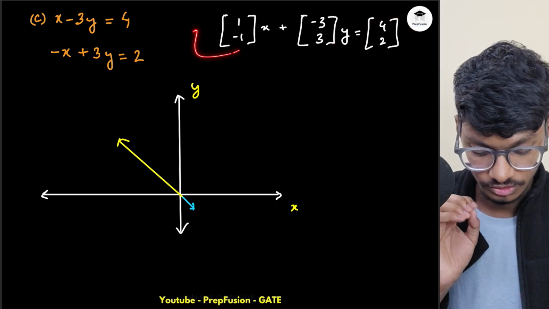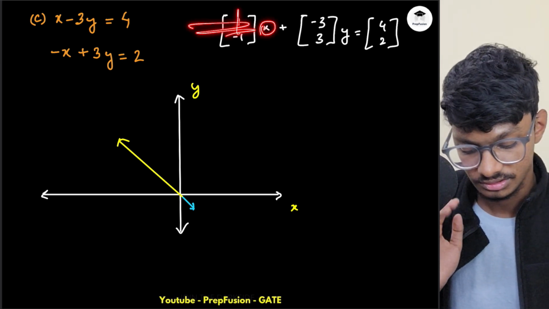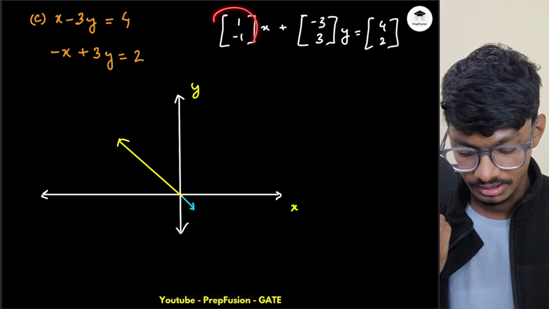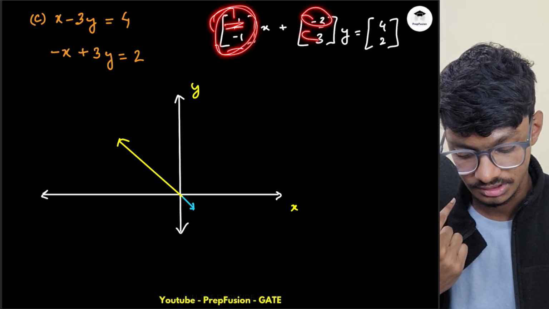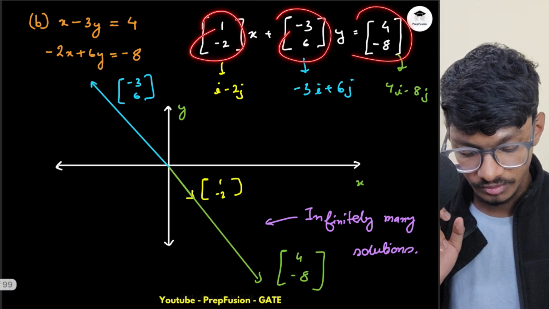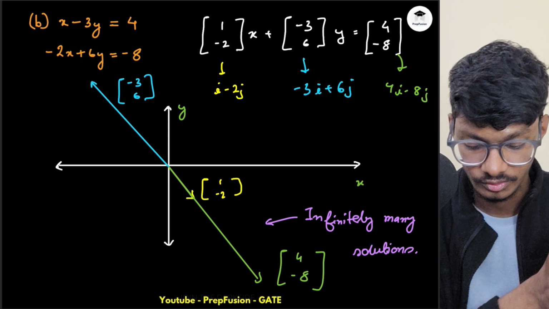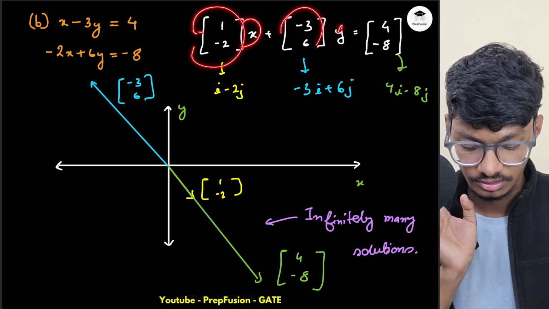Here my x was representing these vectors, so don't get confused. Okay, I am just talking about these vectors. This was the negative of this, which was the negative of this. Previously all of the equations were satisfying, right? You take any combination of x and y, and they are always satisfying.